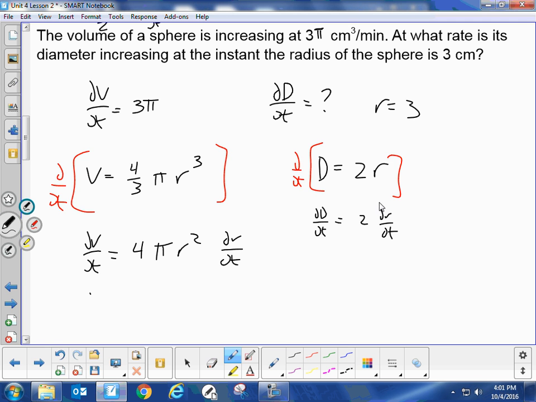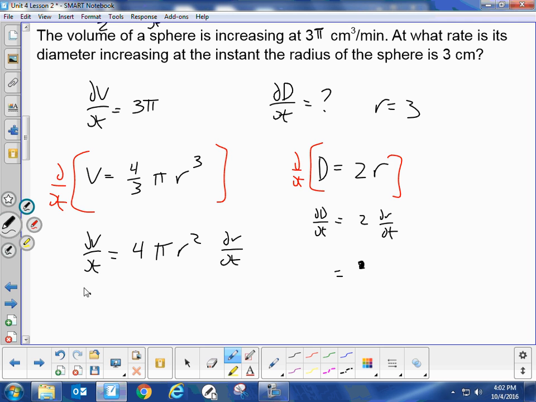So I can just solve this for dr/dt and plug it in here. In this situation, that might be the best approach. I want to find dD/dt. Actually, I can find dr/dt, and then I'll be able to find dD/dt.